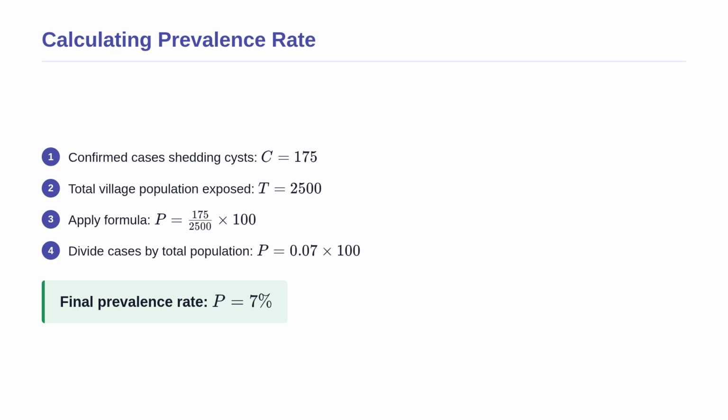We place 175 in the numerator and 2,500 in the denominator. Dividing these gives us a decimal value of 0.07. Multiplying by 100 yields a final prevalence rate of 7%. In public health terms, a 7% infection rate for a severe pathogen is alarmingly high and requires immediate emergency intervention.